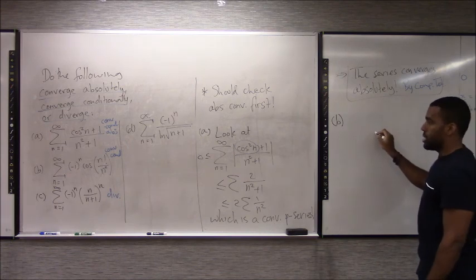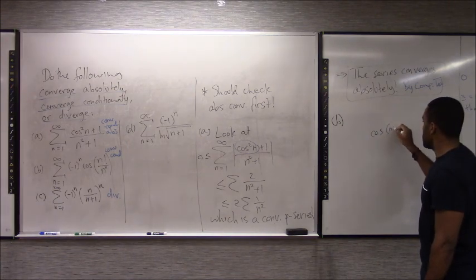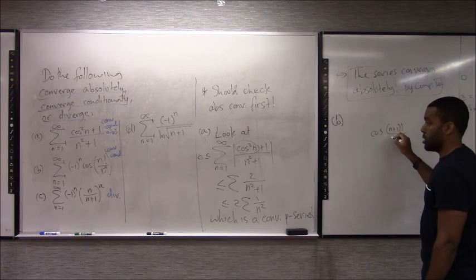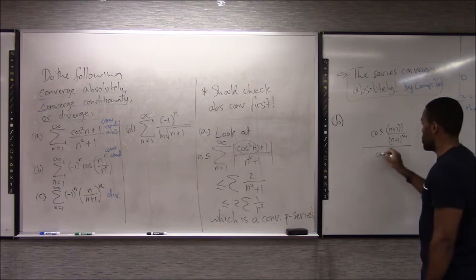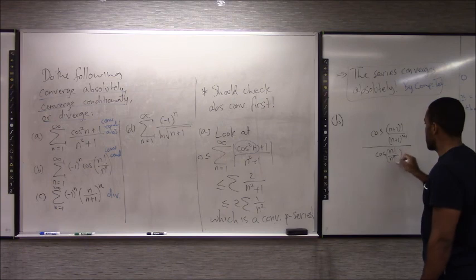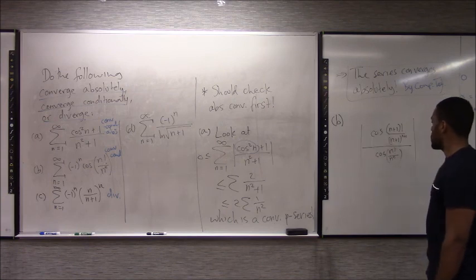I mean, if you look at cosine of n plus 1 factorial over n plus 1 to the n plus 1, and you divide that by the cosine of n factorial over n to the n, what would that ratio approach?